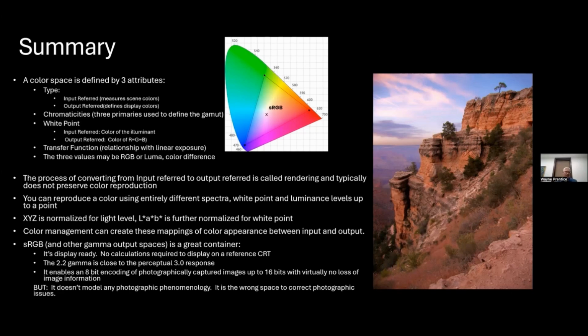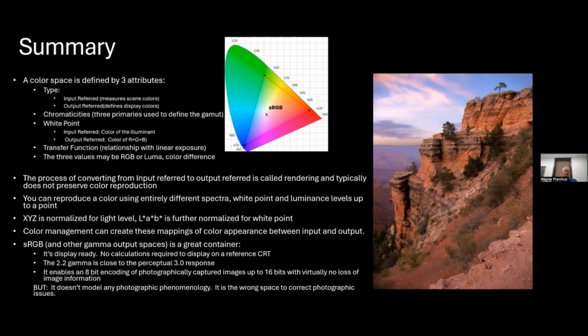We talked about that. sRGB and other gamma output color spaces are great containers, and sRGB specifically is great because it's display ready. If you have a reference monitor, you throw those signals right at the monitor. It needs no transform. The gamma exactly matches the inverse function of the CRT. The chromaticities of the color space exactly match the colors emitted by the phosphors.